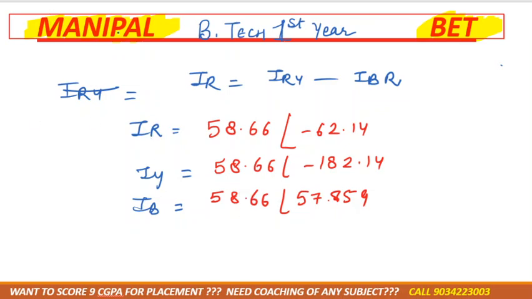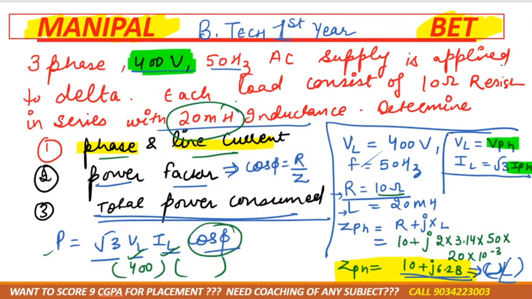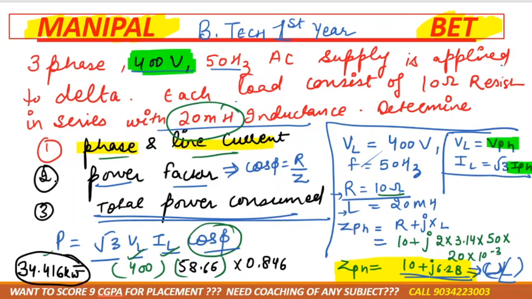IL means the line current. Line current is this one, IR, IY, IB, that is 58.66. And the power factor, after solving, you will get as 0.846. So after solving all this, you will get the power as 34.416 kilowatt. I'm telling you all the answers so that you can cross check your answer.